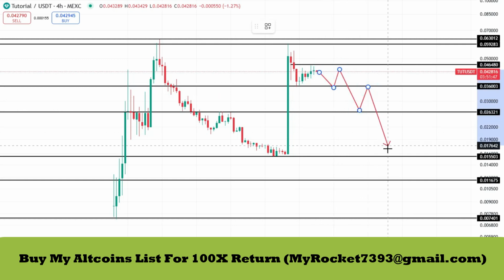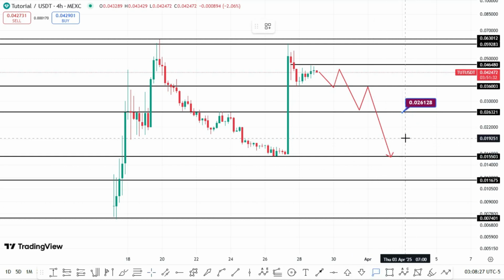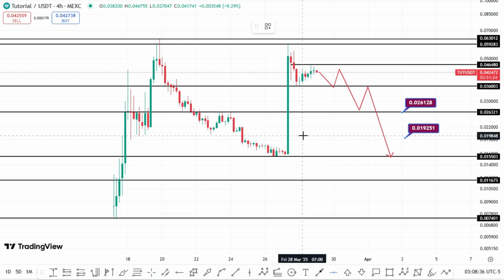To be very clear, if you want to buy it for long-term holding, I think you can buy at 2.6 cent. And this zone too, around 2 cent price level, this area.